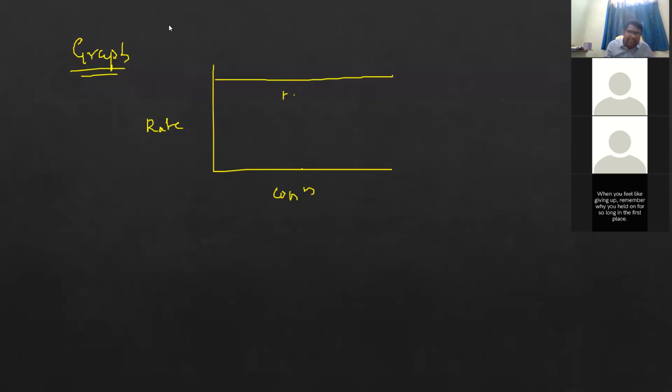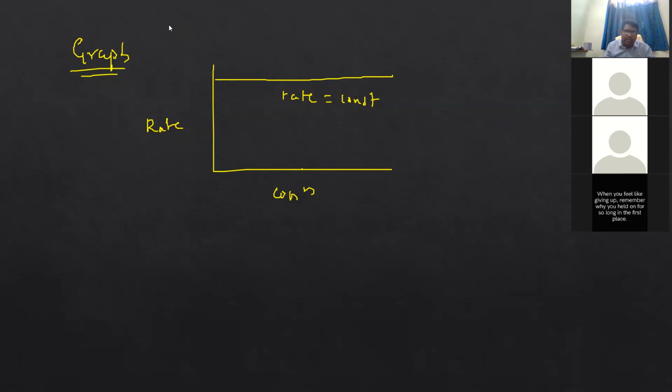So the rate remains constant. This is important from an examination point of view: which of the following graphs is correct for a zero order reaction, first order reaction, or second order reaction? In the rate versus concentration graph, it is a straight line parallel to the concentration axis, which means the rate of the reaction does not depend on time and remains constant.